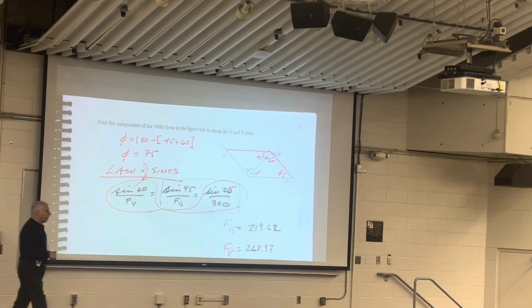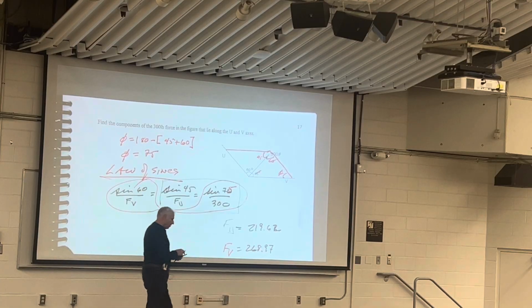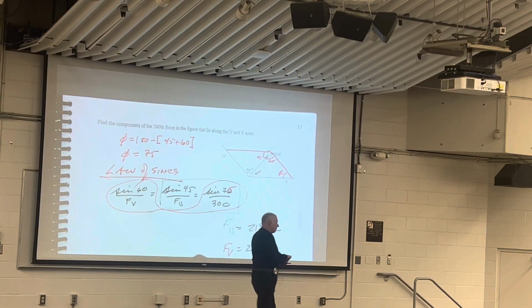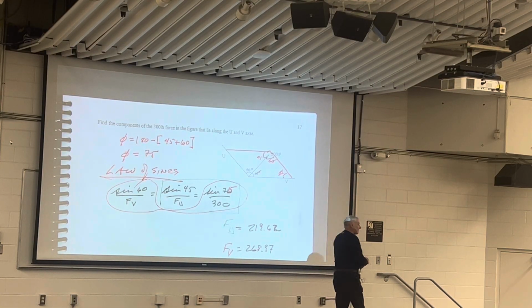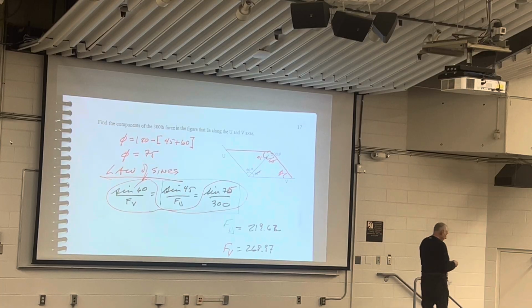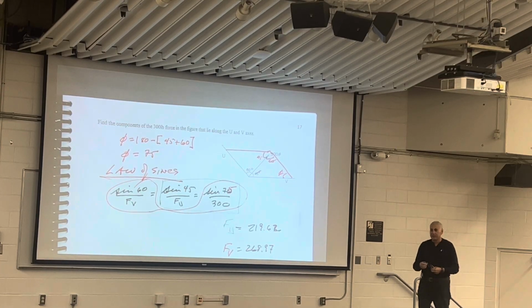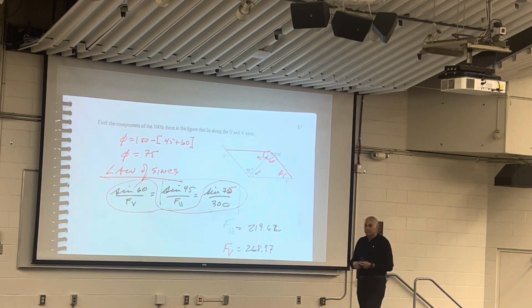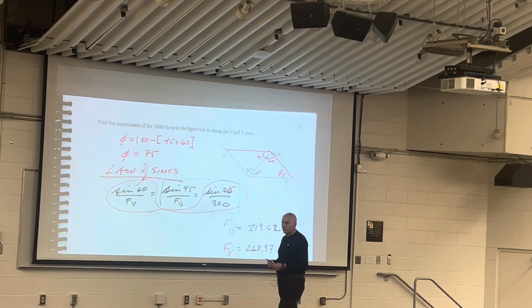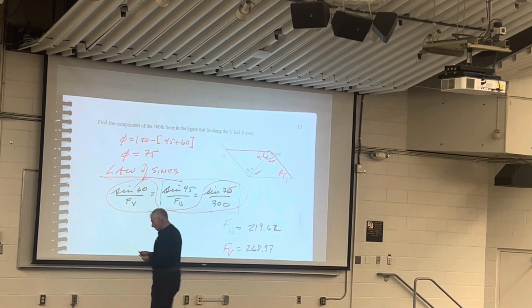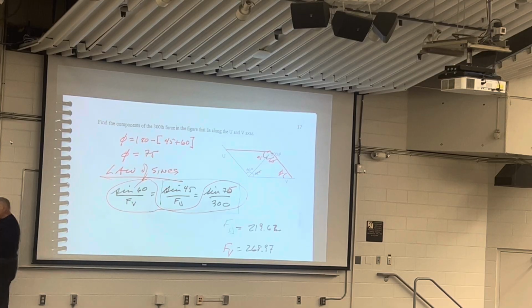So you got to be careful, because if the axes aren't perpendicular, you can't just simply say 300 cosine 45 degrees. The reason for that is very simple.